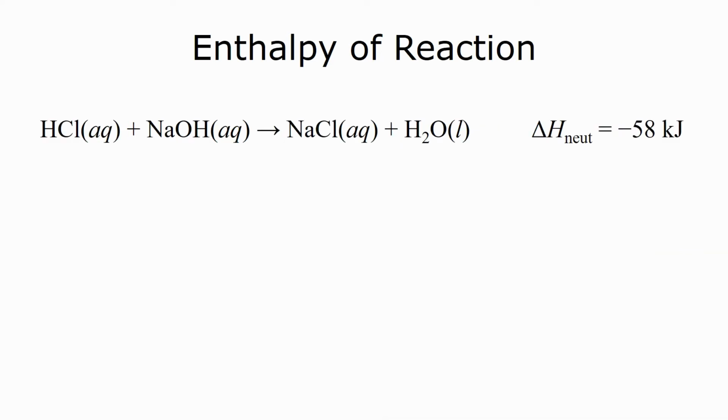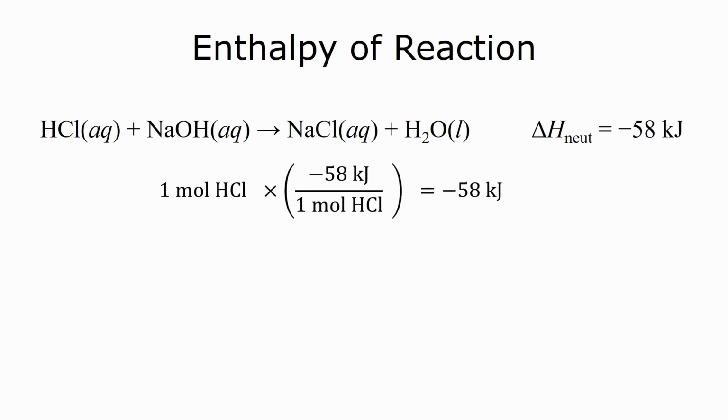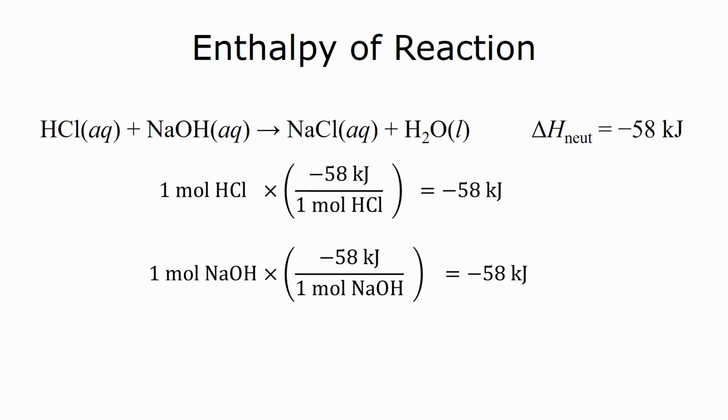Now, if we look at this information from a stoichiometric point of view, we notice that in this example, the enthalpy of neutralization of 1 mole of hydrochloric acid is going to give us 58 kilojoules of energy out. What else does this mean? It also means that if we neutralize 1 mole of sodium hydroxide, we are also going to get 58 kilojoules of energy released.